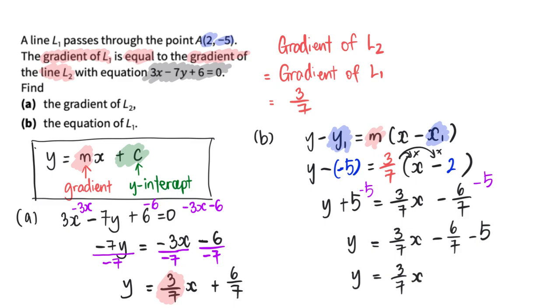And for the final answer, do take note, negative 6 over 7 minus 5 will give me a value of negative 41 over 7. And that will be the answer for part B.